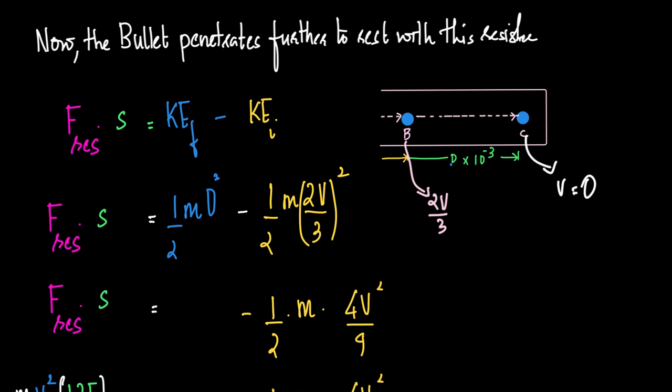Now if we apply the work energy theorem for the motion along BC, F resistive into S will be equal to kinetic energy final minus kinetic energy initial. Final velocity is 0, so kinetic energy final will be 0. Initial velocity is 2v by 3, so kinetic energy initial is half m into (2v by 3) the whole square.